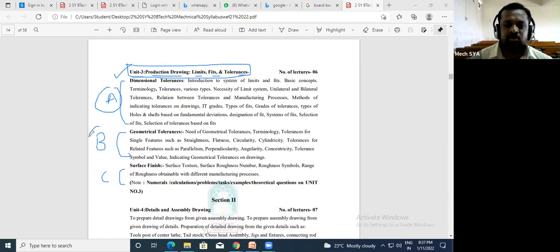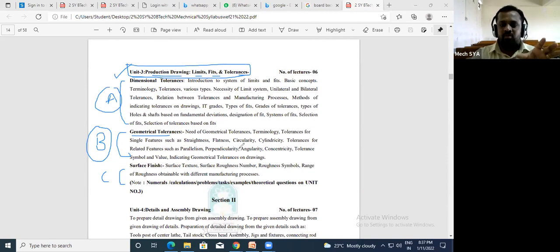Then part 2 is related to geometrical tolerances. What is meant by geometrical tolerances? In this section we are going to learn the basic symbols for straightness, flatness, circularity, cylindricity. These are again terms required in production. During production it is necessary to show how much flatness is required, how much circularity is required.